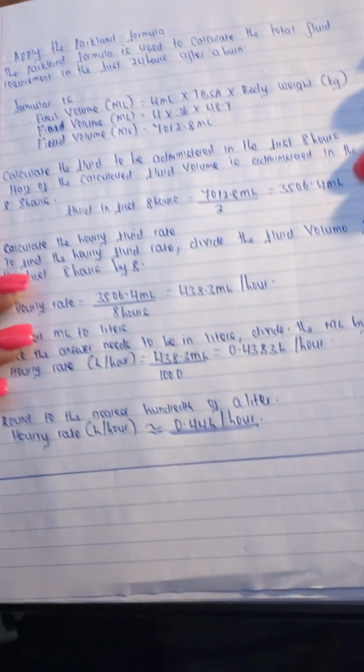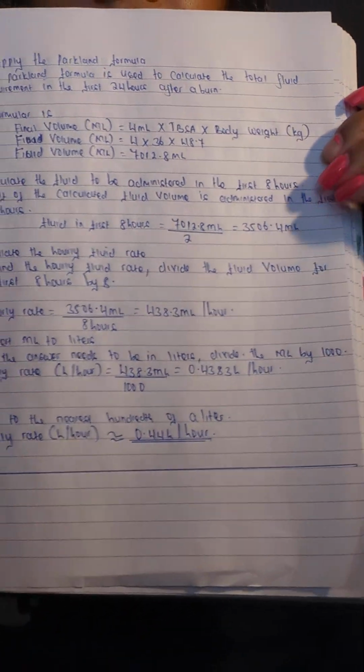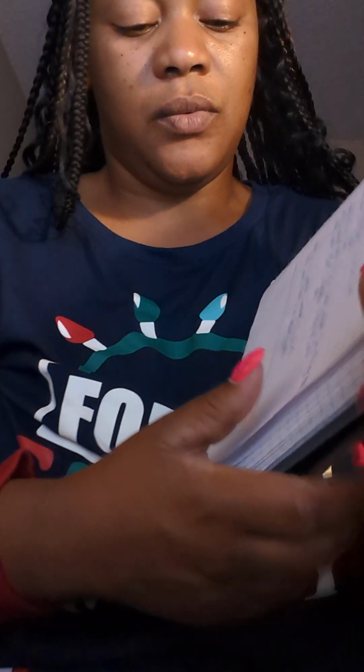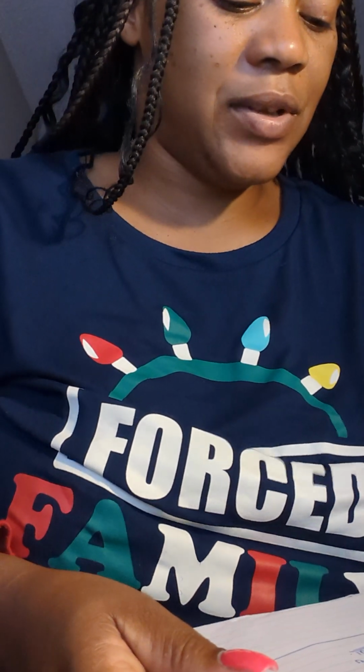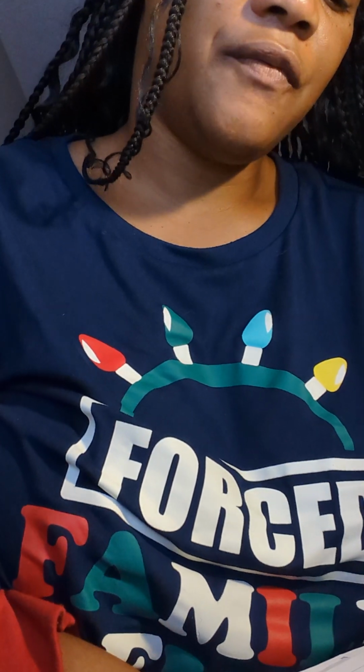You can have a look at this. This is what I did. So we round it off. Remember, the question wants us to round to the nearest hundredth of a liter. So when we round it off, we come up with 0.44 liters per hour.